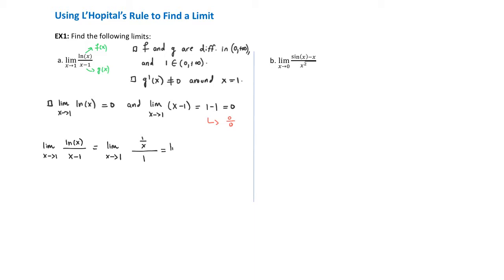So this will be equal to the limit as x approaches 1 of 1 over x, which is going to be equal to 1 over 1, which is just 1. Therefore, this is saying that the limit as x approaches 1 of the original quotient will be equal to 1.